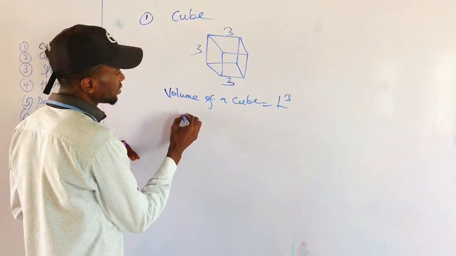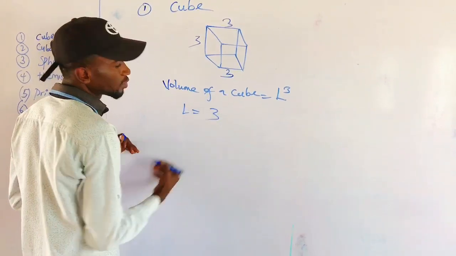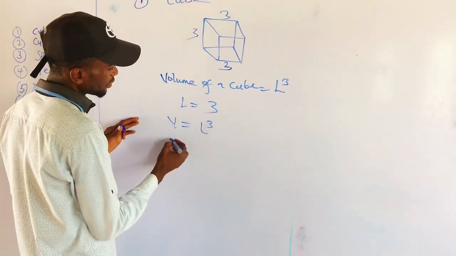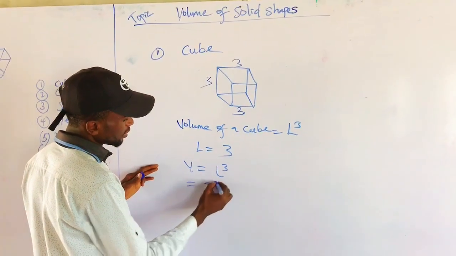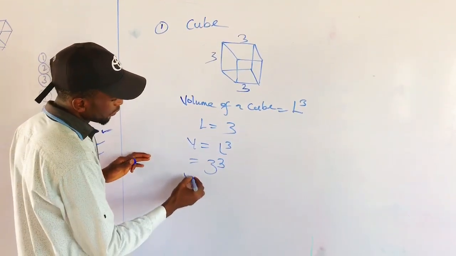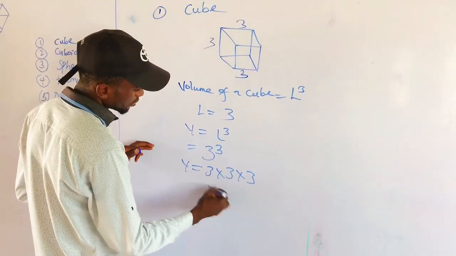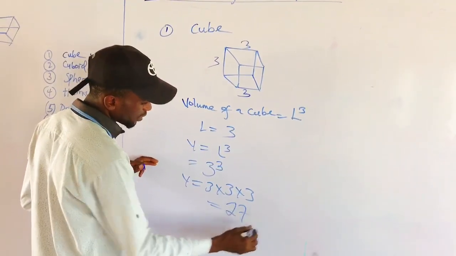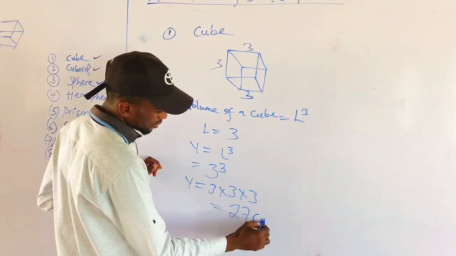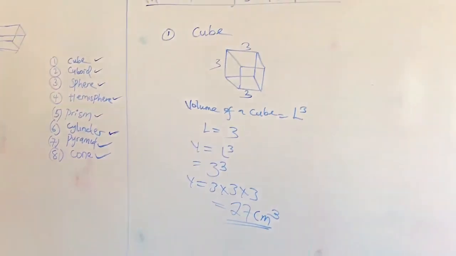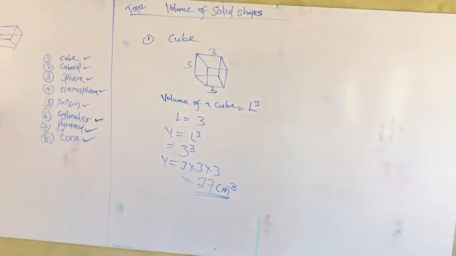The length here, L, is equal to 3. So the volume is equal to L raised to the power of 3, which is 3 raised to the power of 3. The volume here is equal to 3 times 3 times 3, which is 27. And the unit of volume is centimeter cube. So this is the volume of that cube on the board.